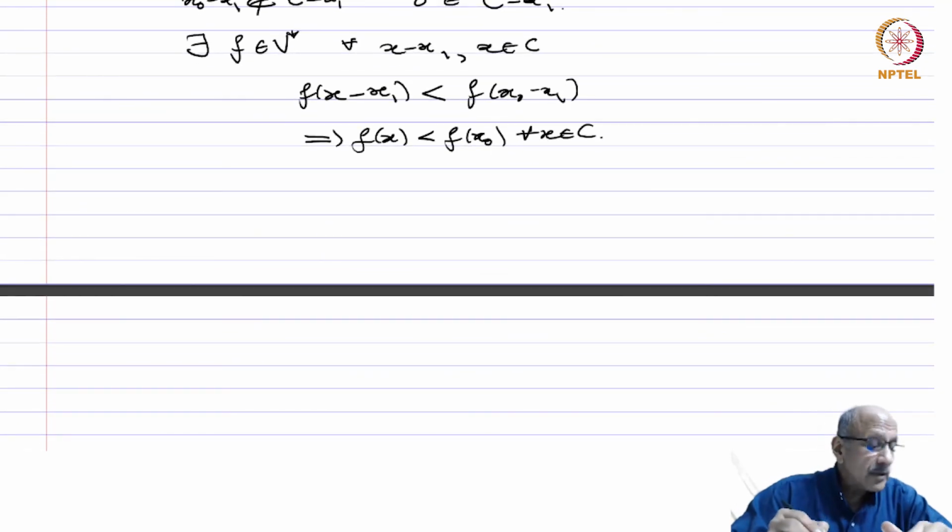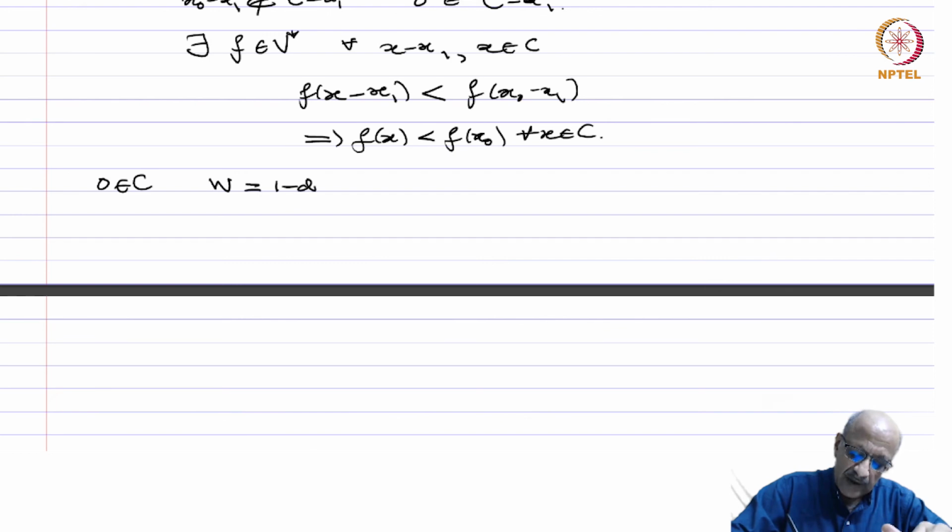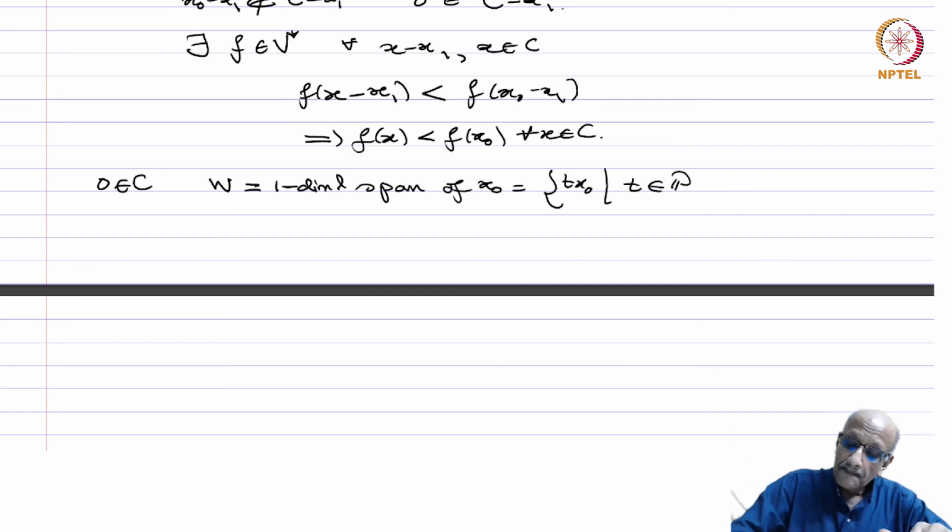Okay, so 0 belongs to C, and now we take W to be the one dimensional span of x naught. So that is equal to the set of all t x naught such that t is in R. Okay.